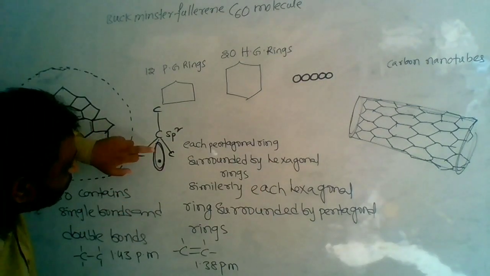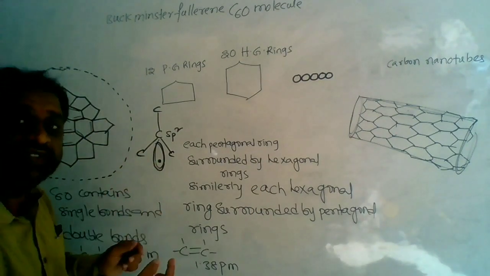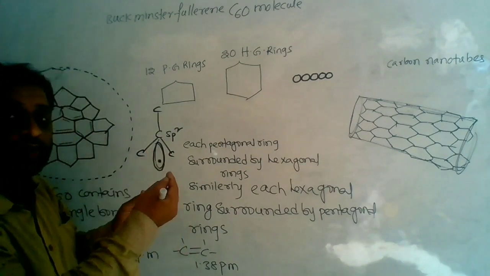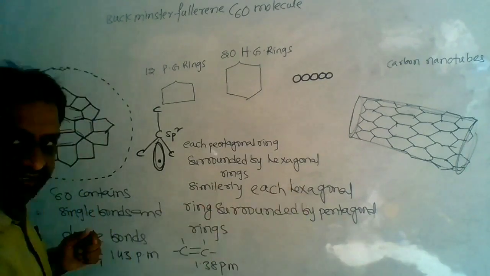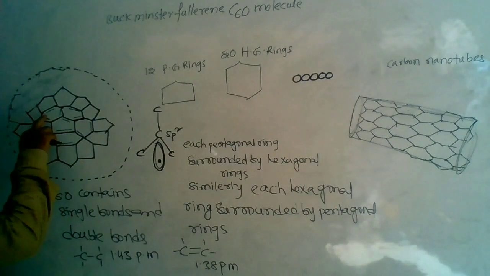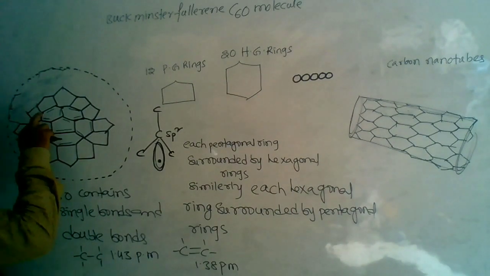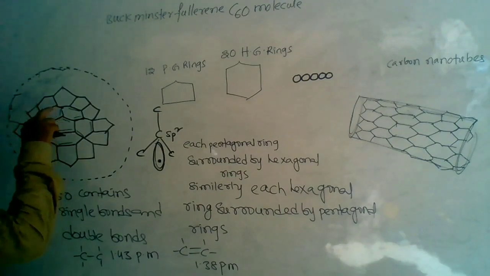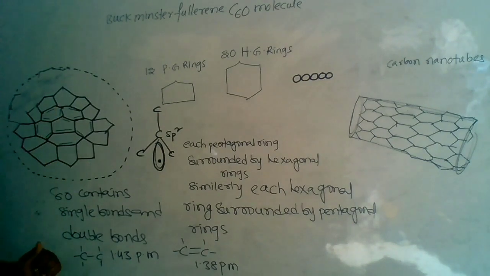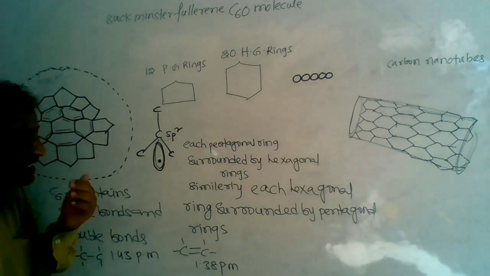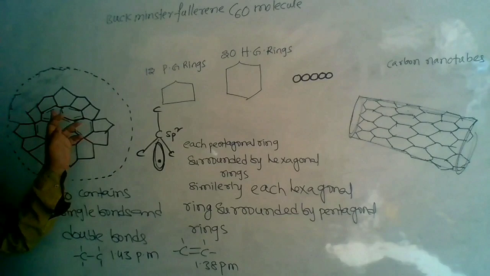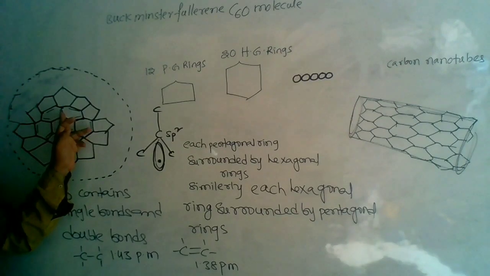These pure p orbitals undergo partial overlapping with each other to form pi bonds. So hexagonal rings and pentagonal rings contain alternate double bonds.